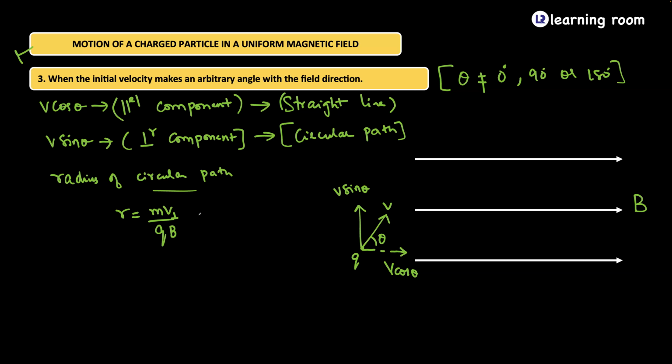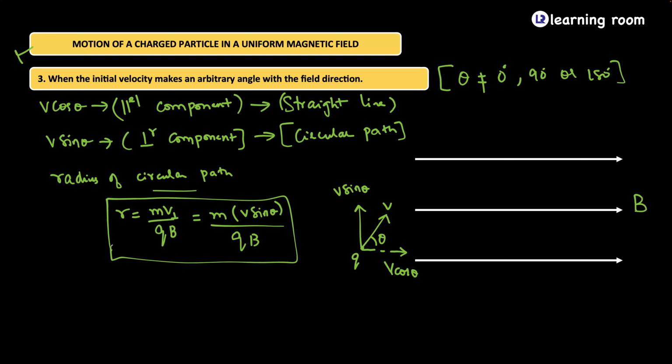So what I will write here is m into, what should I write in the place of v? I'll write it as v sin theta, the whole divided by qB. Are you able to understand this scenario? So it is going to be m v sin theta divided by qB. Okay. So this is going to be the radius of the circular path.